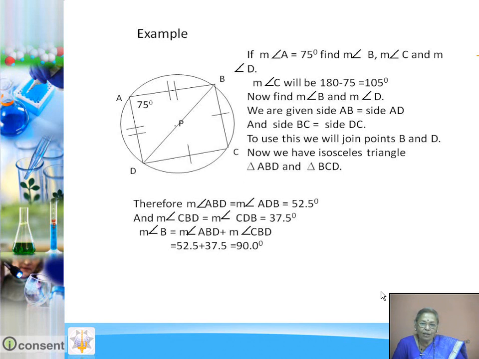So find out the measures of these two angles and then add them together to get angle B and angle D. You will see that the measure of angle B will be 90 degrees and the measure of angle D also will be 90 degrees. Write the proof of this in your notebook.